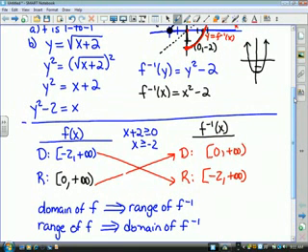So what we do, because going back to the algebra we did, right here I've got f inverse of x is x squared minus 2. Okay, we know that's wrong. So you do the domain and range of the original, and I know that the range of the function is the domain of the inverse function.